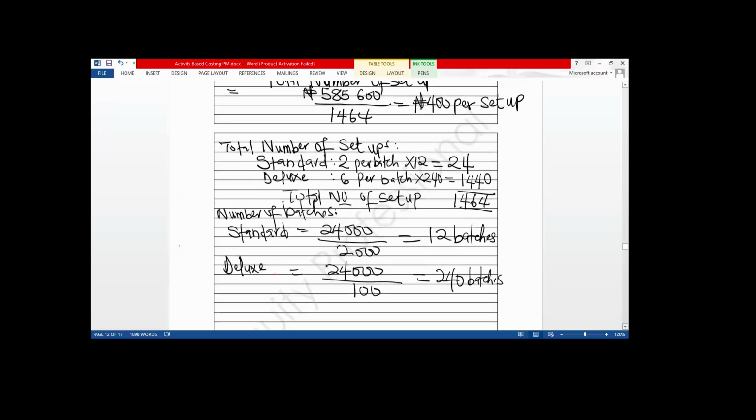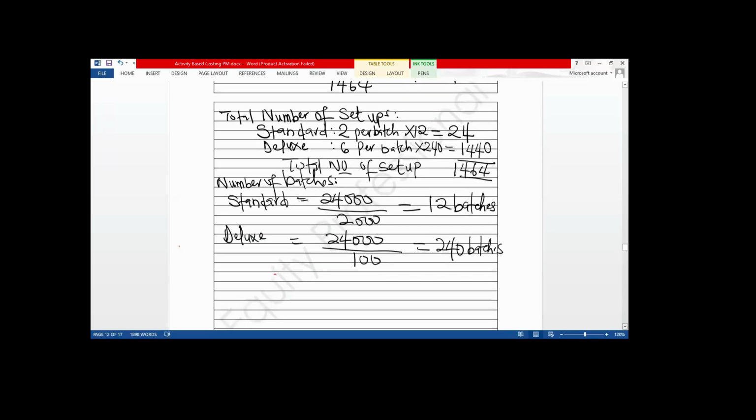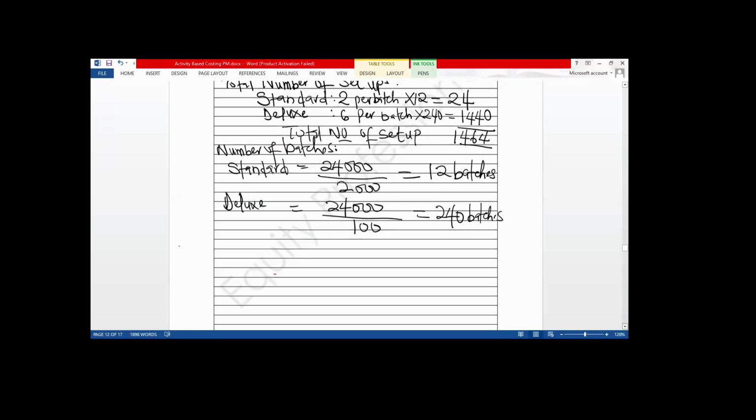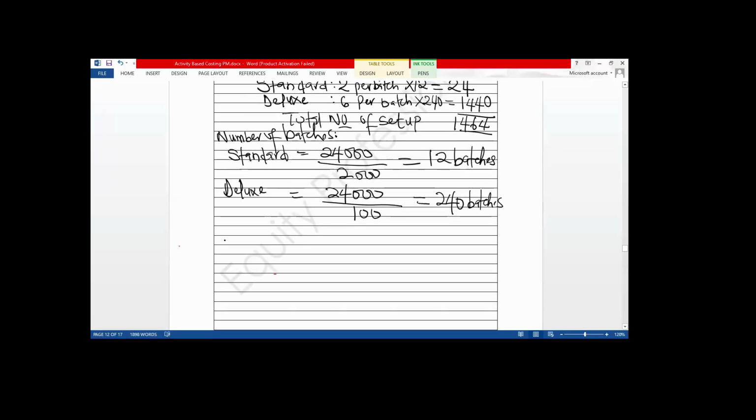You can move to activity 2. Activity 2 is special parts handling cost.